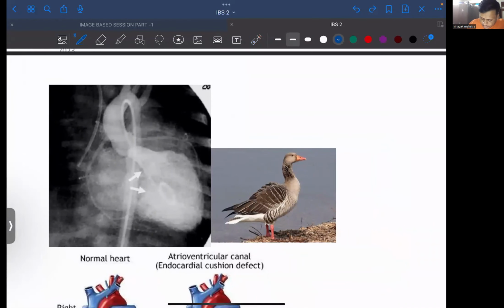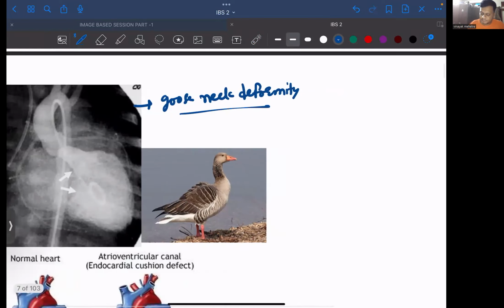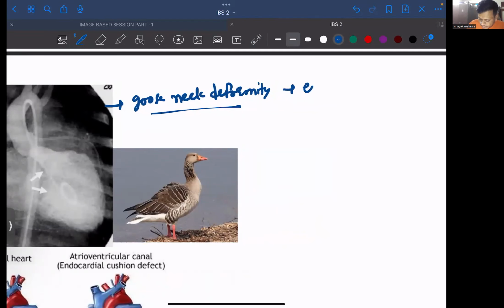Goose neck deformity is seen in endocardial cushion defect. It is also a subtype of ASD. This is a subtype of atrial septal defect.